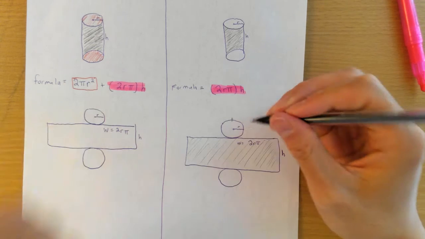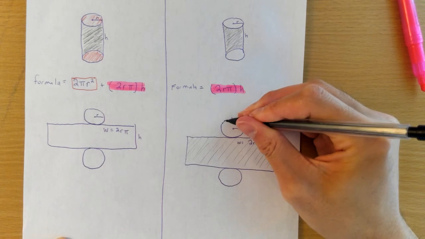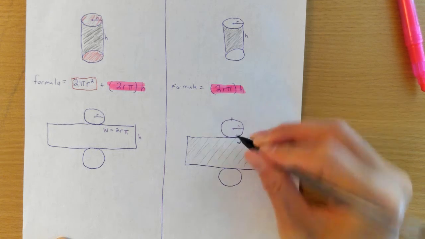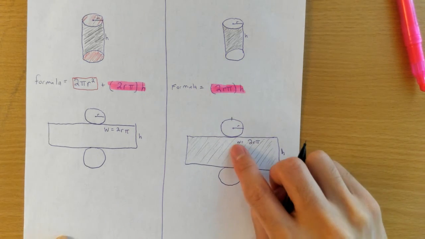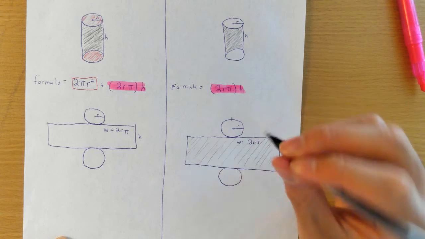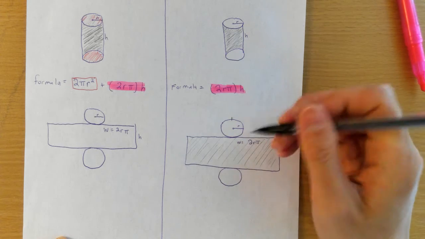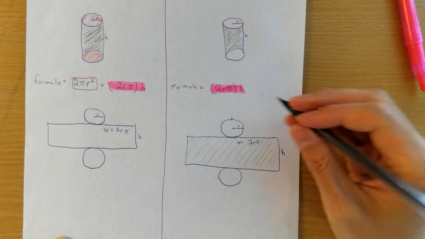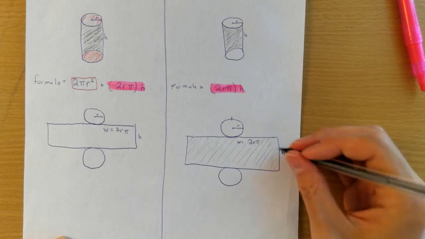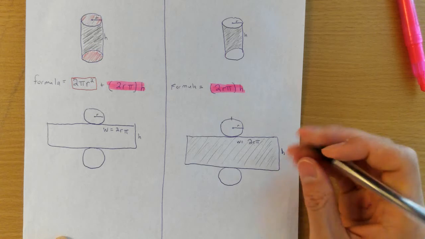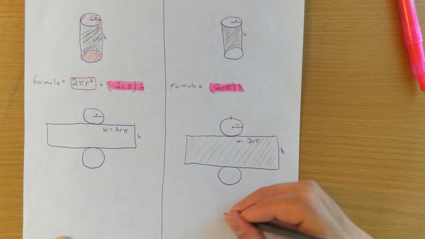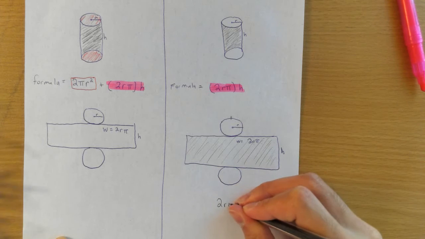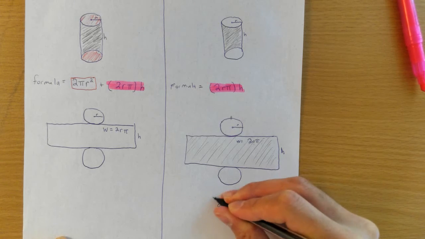So I use the distance of the outside of the circle, known as the circumference, in order to get my width. The formula for circumference is 2r pi. So my formula for lateral surface area is width times height, which is 2r pi times height.